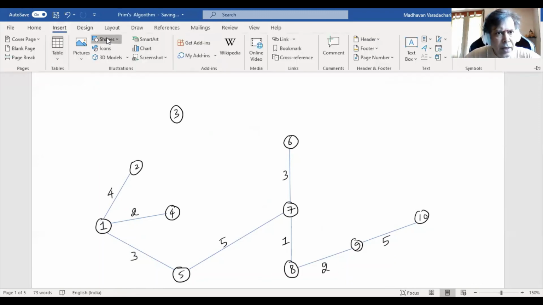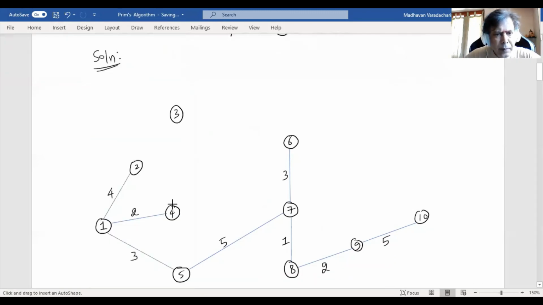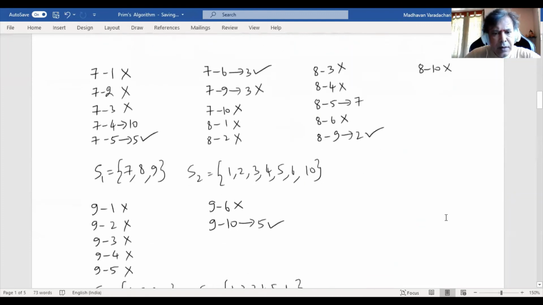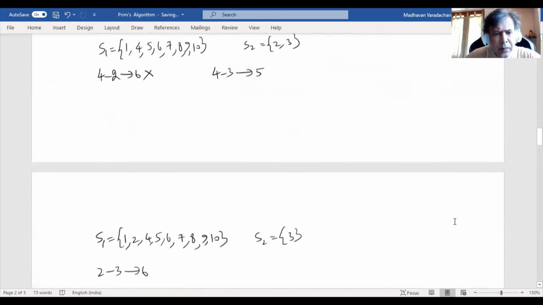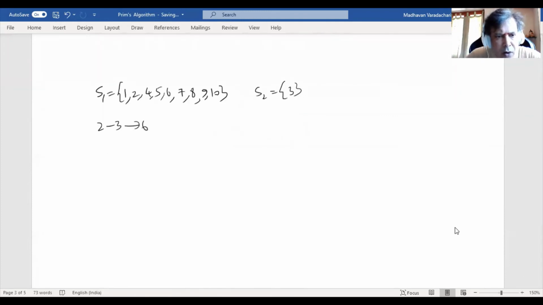Join this 4 and 3. And the distance for 4 to 3 is 5. Now, our set 1, I have to add this 3 also.